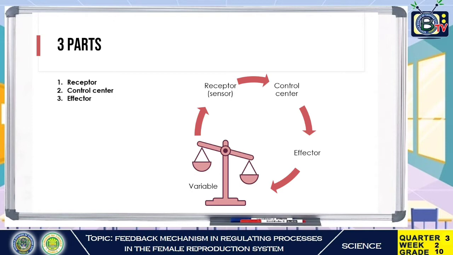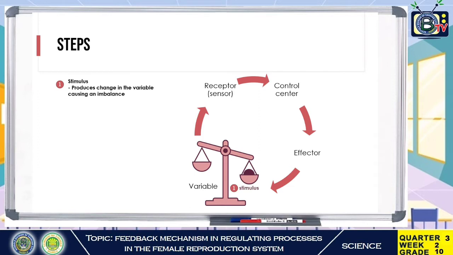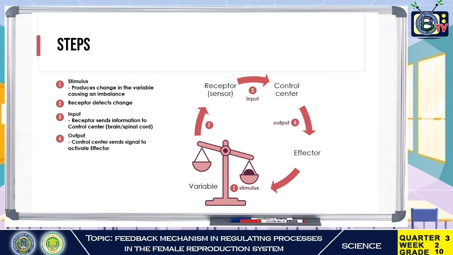Let's take a closer look at homeostasis in action. First, a stimulus produces change in the variable causing an imbalance. Second, a receptor detects the change. Third, the receptor sends information to the control center. Fourth, the control center sends signals to activate the effector.